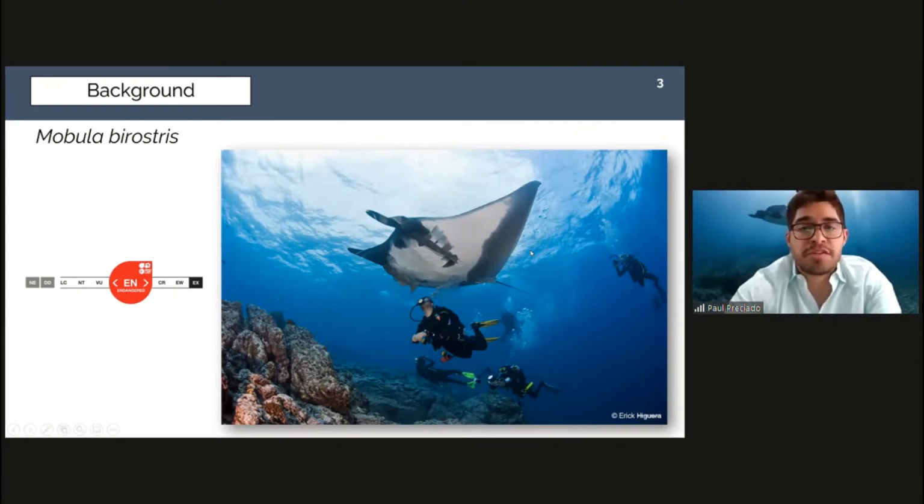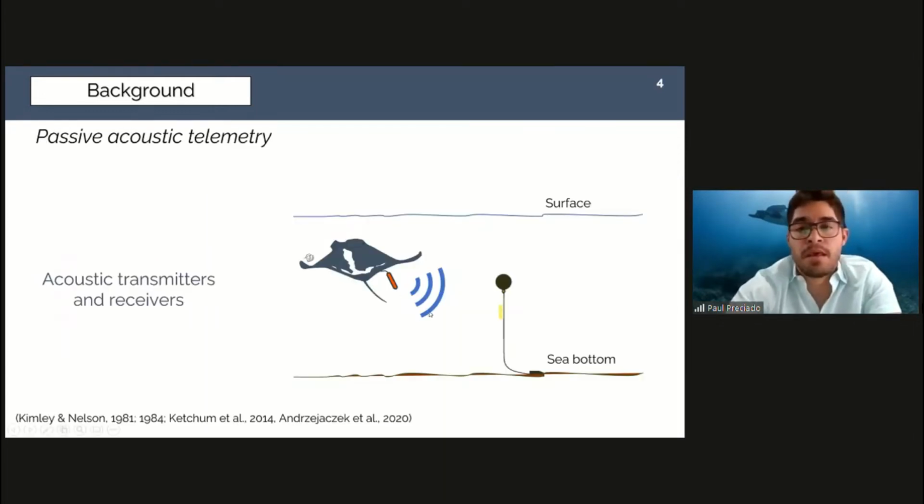Targeted fisheries and bycatch are the main activities that have led the giant manta ray to be endangered by reducing populations around the world. Therefore, understanding its movement pattern is critical for implementing effective management strategies for its conservation. Advances in sensors attached to animals have led to remote study of marine species movements, behavior, and habitat use.